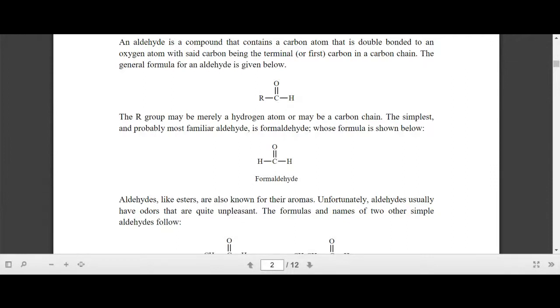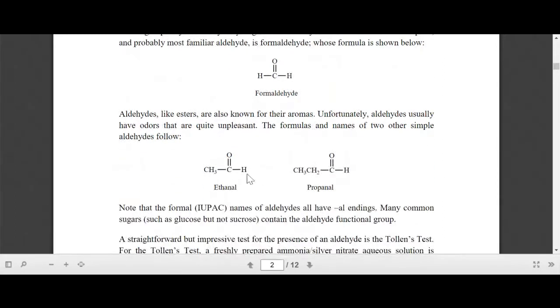When you have a carbonyl group with an R group, representing an alkyl or carbon group, and then hydrogen on the other side, this is an aldehyde. Formaldehyde is the first member of the aldehyde functional groups. Then you have ethanal, which is also an aldehyde: a C double bond O with one hydrogen and one carbon attached. Here you have two hydrogens attached, which is formaldehyde.